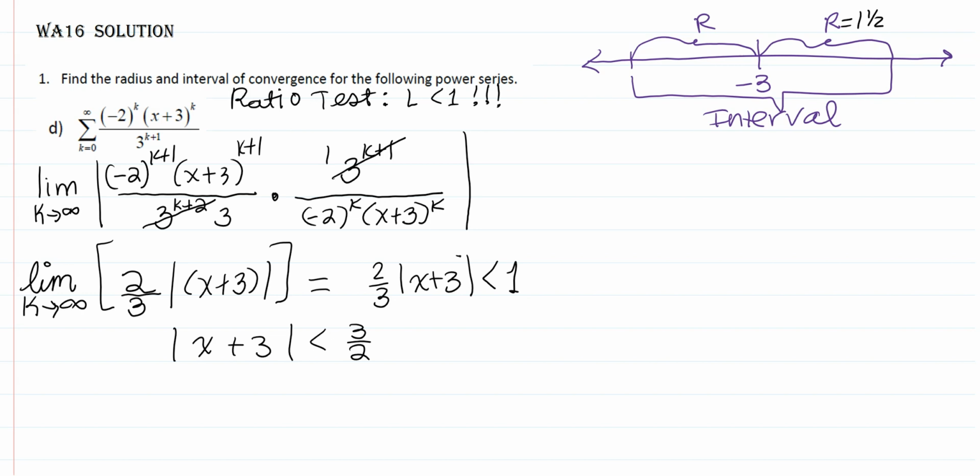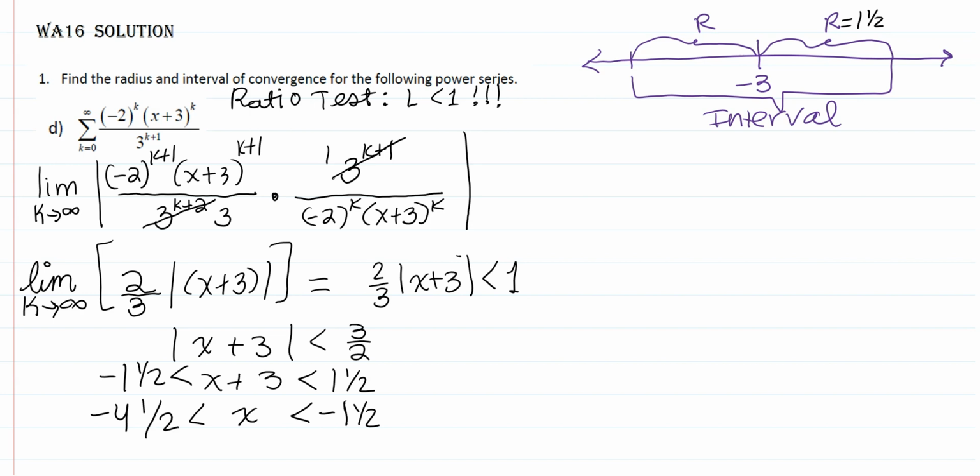Or if you really think about this here, x plus 3 has to be less than 1.5 and greater than -1.5. Subtract 3 from both sides. We will say this right here is going to be -1.5, and this right here is -4.5.